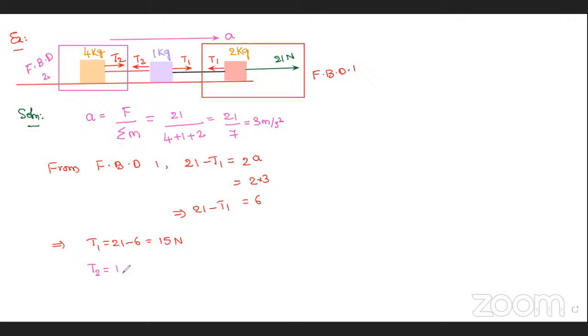T2 equals F net. The F net formula is mass into acceleration. Mass is 4 kg into acceleration. That implies T2 equals 4 into 3, that is 12 newtons, not 18 newtons.